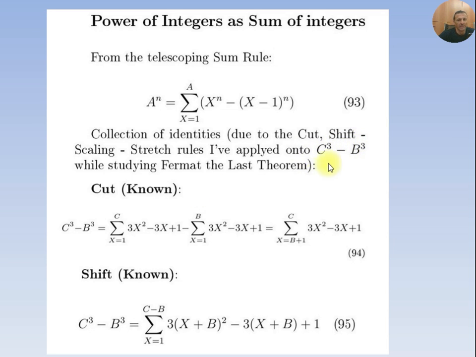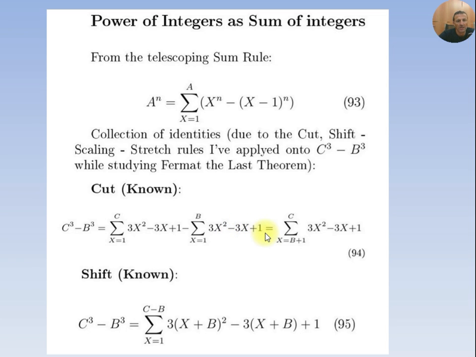So in case n is equal to 3, the right hand becomes c cubed minus b cubed, equal to the sum of x equal to 1 to c of 3x squared minus 3x plus 1, minus the sum of x equal to 1 to b of 3x squared minus 3x plus 1.